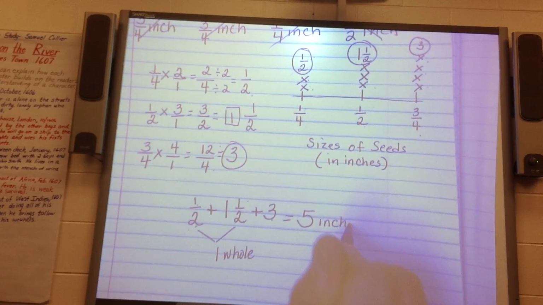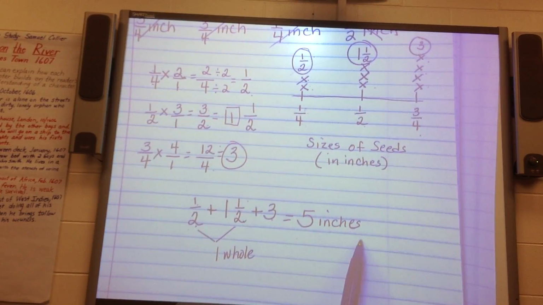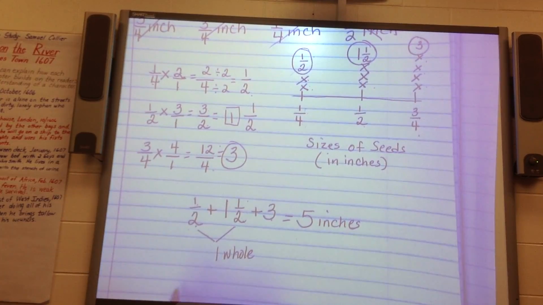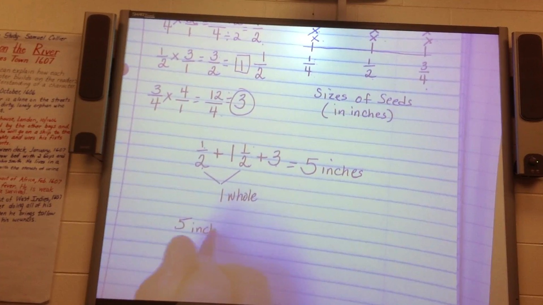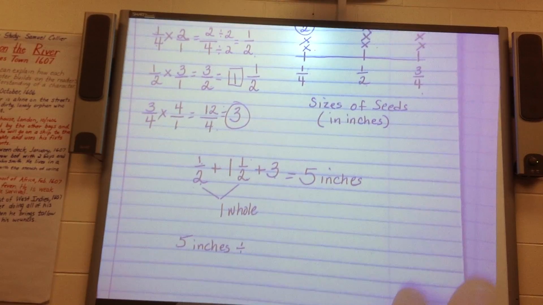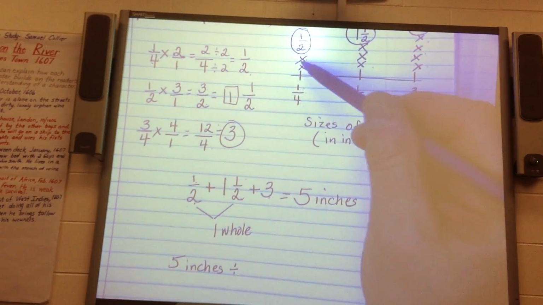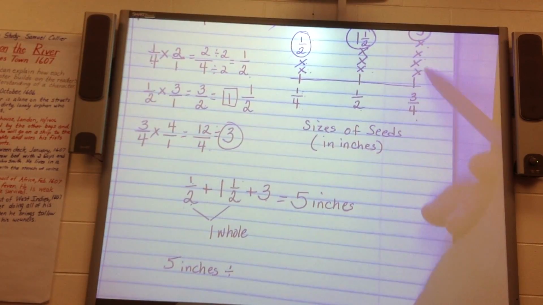That's great to know, because to find an average, you would take your total amount, which in our case is 5, and you would then divide by how many pieces of data you had all together. So we had, let's look again, 1, 2, I'm counting X's, 3, 4, 5, 6, 7, 8, 9.